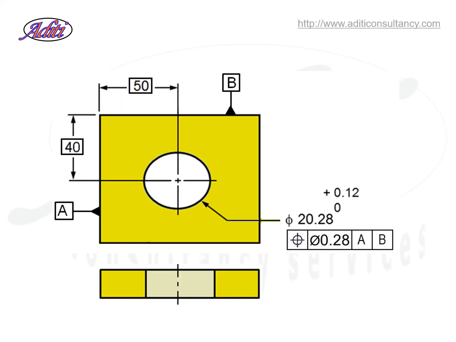To make use of the functionally available round tolerance zone of 0.28 mm as allowable deviation for the position of the axis of the hole with respect to its nominal position during manufacturing, GD&T should be applied in the drawing.